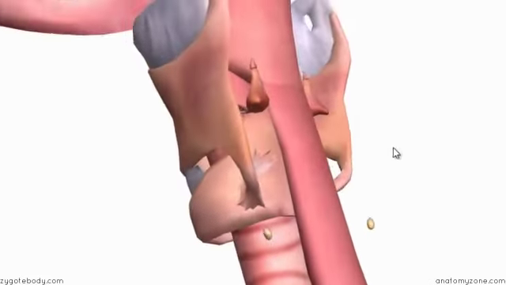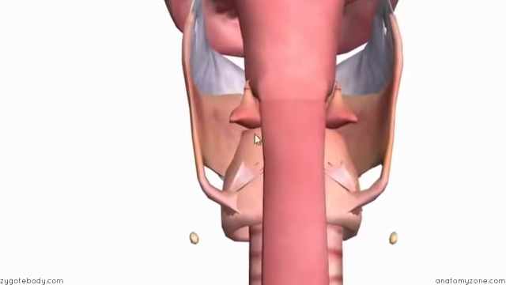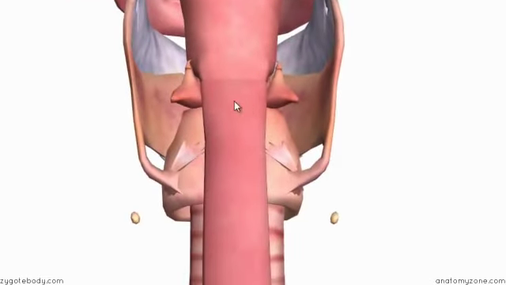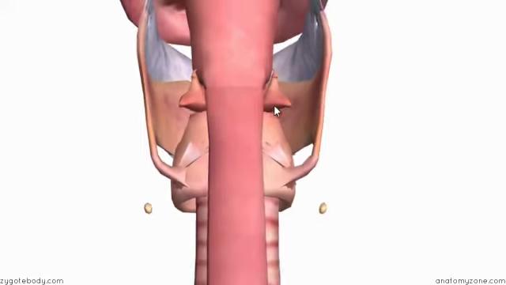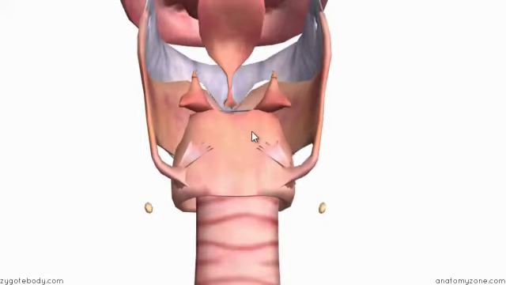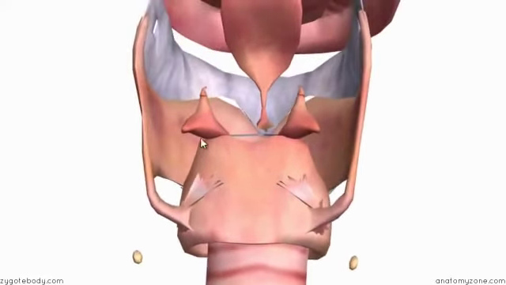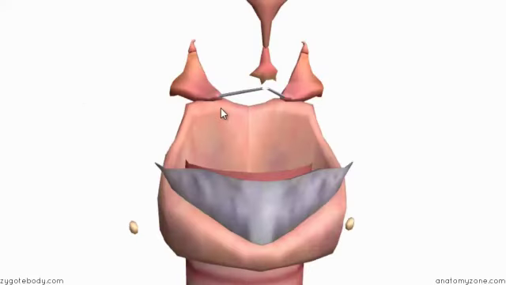So if we rotate the model around posteriorly, we can see that there's two other cartilages which sit on top of the cricoid. So these two cartilages sitting superiorly on the cricoid are called the arytenoid cartilages. So we've talked about the three unpaired cartilages. You've got the epiglottis, the thyroid, and the cricoid cartilage.